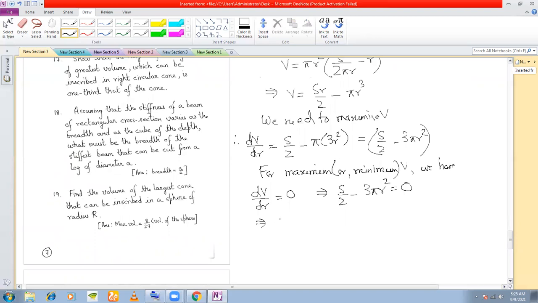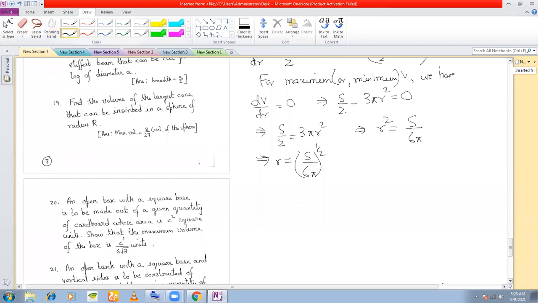That means S by 2 is equal to 3 pi r square. You find out the value of r: r square is equal to S by 6 pi, right? That means you get r is equal to S by 6 pi to the power of half, or you can also write as square root of S by 6 pi.